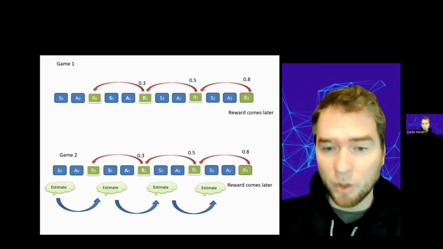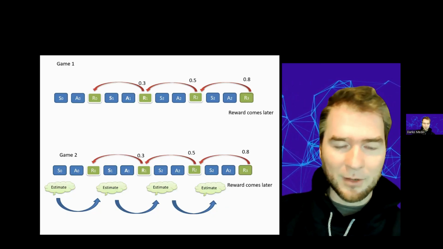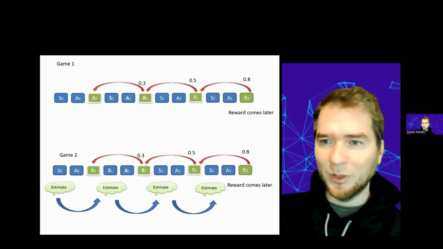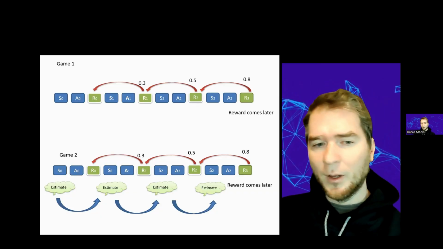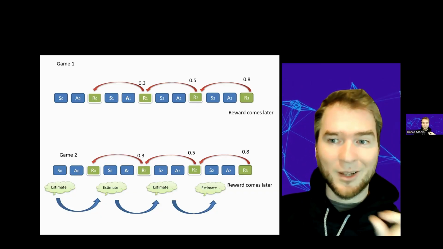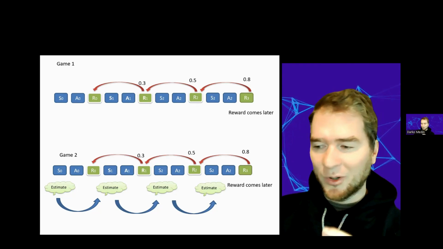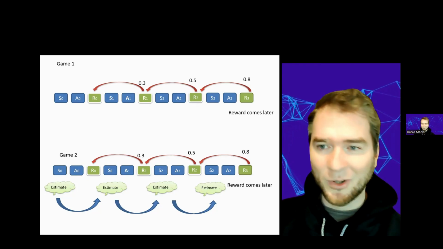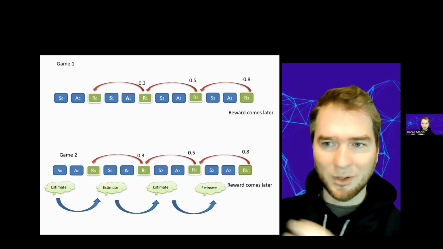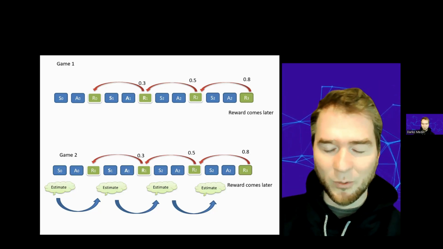So we have a combination of incrementally sending information backwards when we reach the end of the maze, for example, but we also estimate at each step whether we are in a good position, whether moving from state one to state two will be beneficial for the agent.